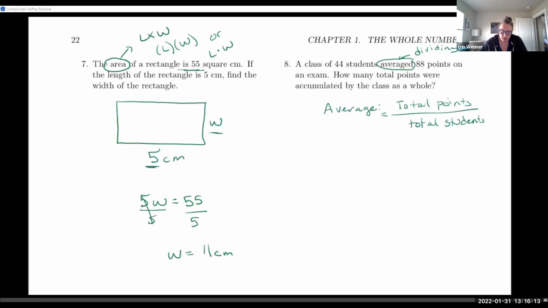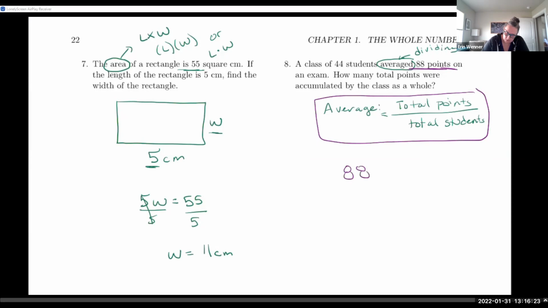So remember, we're solving this equation that I've set up right here. I have the average, which is 88 points, equal to the total points, which I don't know, over the total number of students, which is 44. So think about solving for P there.